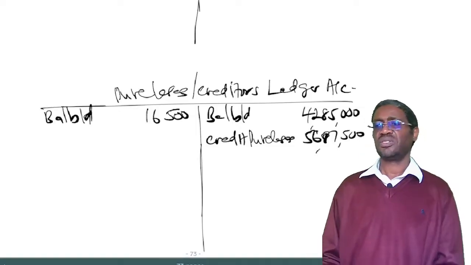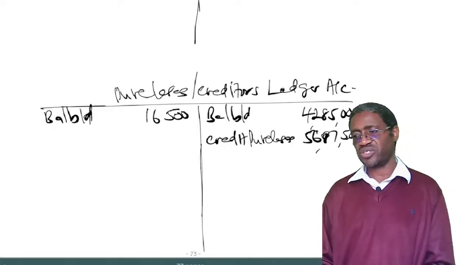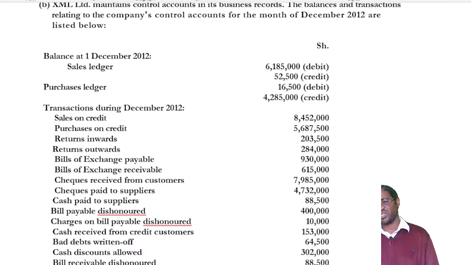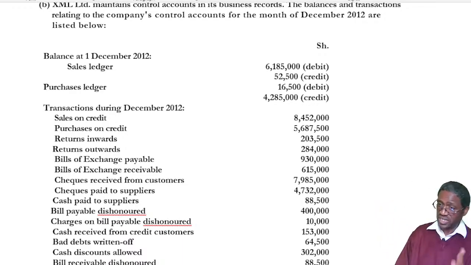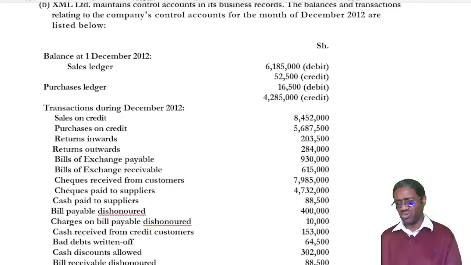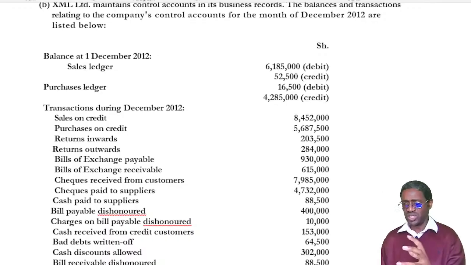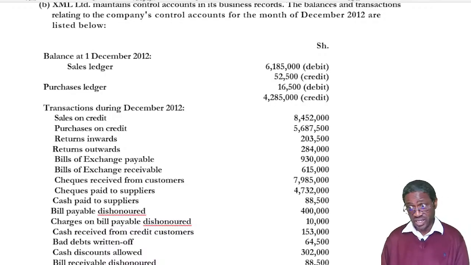Good. After that, we go to the next one. After purchases, we have return inwards. Which account does it affect? Does it affect debtors or creditors? It's obvious. For there to be return inwards, we must have sold goods. So for customers to return goods to us, we must have sold them. That affects the debtors account.